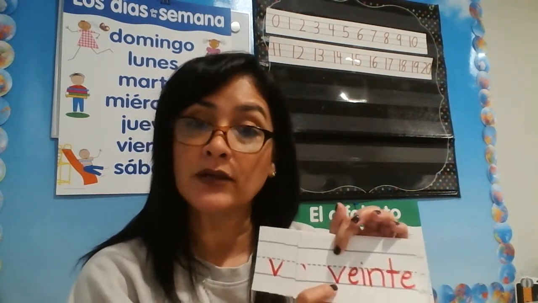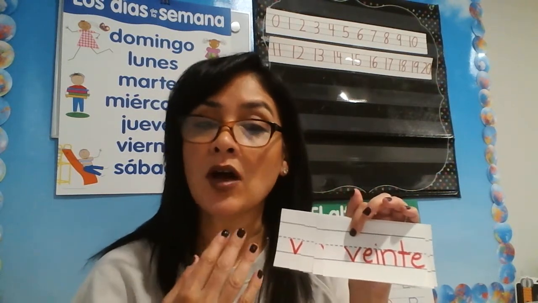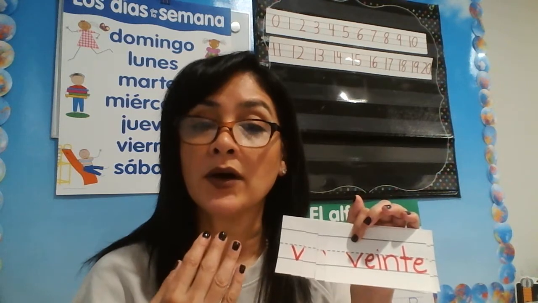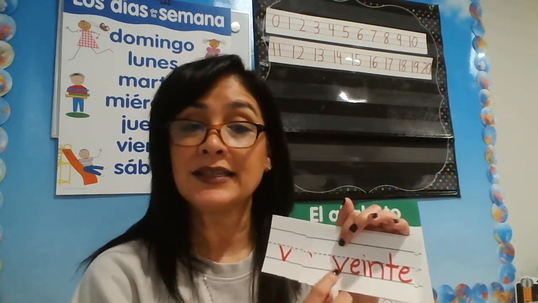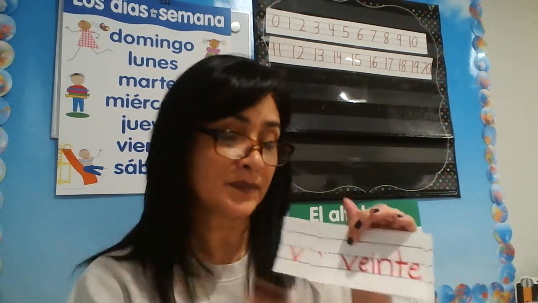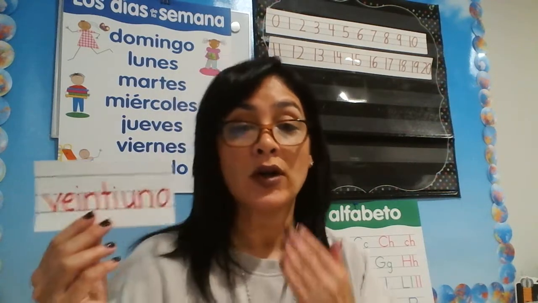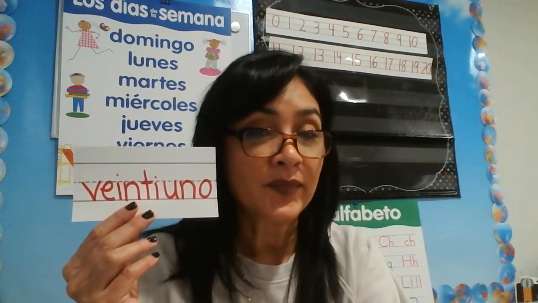Notice even though it begins with a V, the V sounds like a soft B, like a letter B. It's easier to count that way. 20. So for 21, 21.